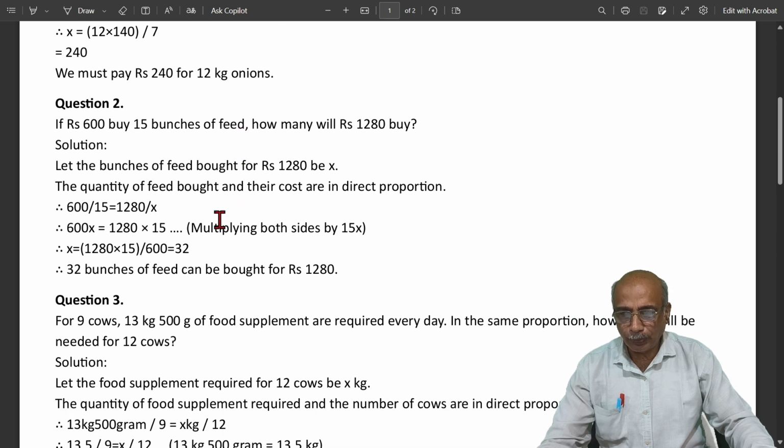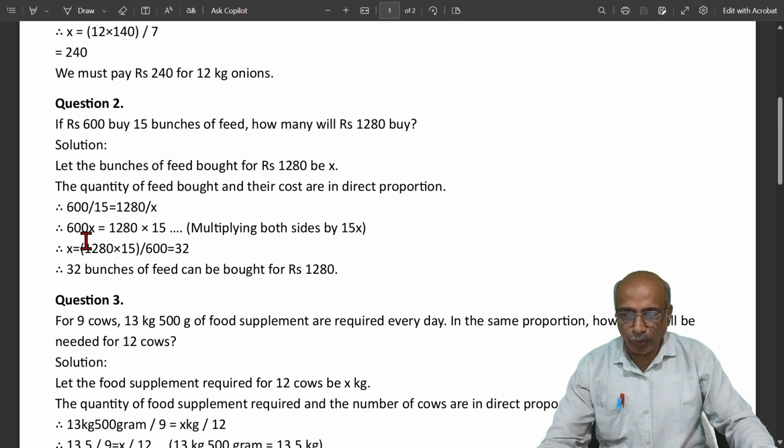Question number 2. If rupees 600 buy 15 bunches of feed, how many will be bought for rupees 1280? Let the bunches of feed bought for rupees 1280 be x, which is not known to us. We take it as x. The quantity of feed bought and their cost are in direct variation. So quantity upon cost, that is 15 upon 600, equals x upon 1280.